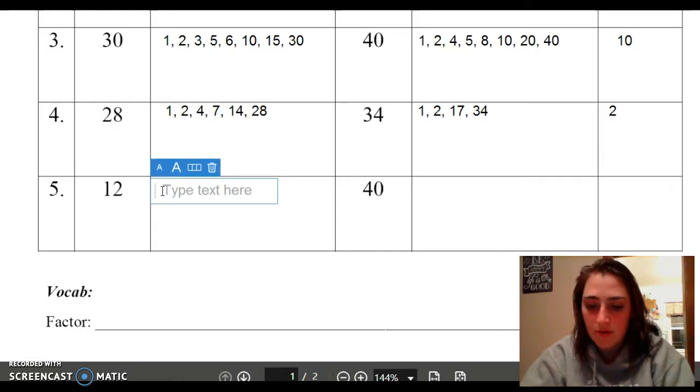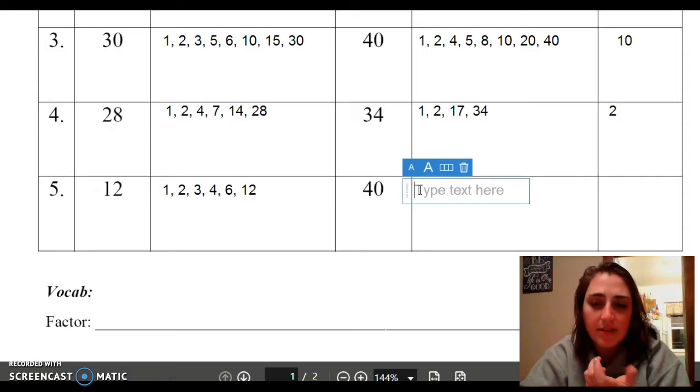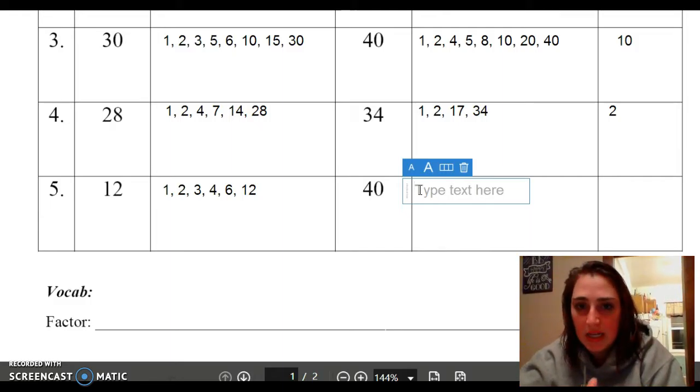Number 5. So 1 times 12, 2 times 6, 3 times 4. Some people like to write these backwards. If I was writing this and wasn't typing it, I would probably write 1 and 40, and then 2 and 20, and then 4 and 10. If you prefer that, that's fine.